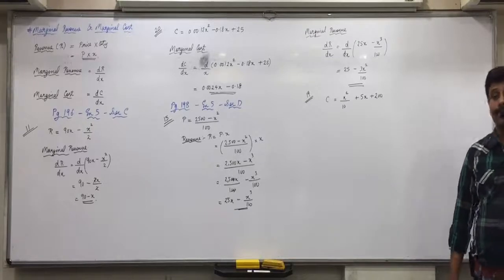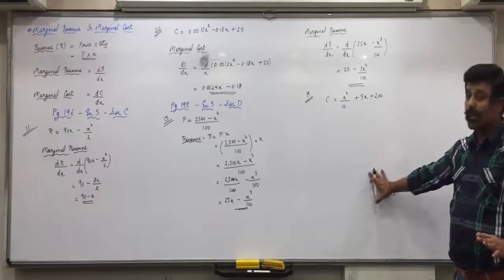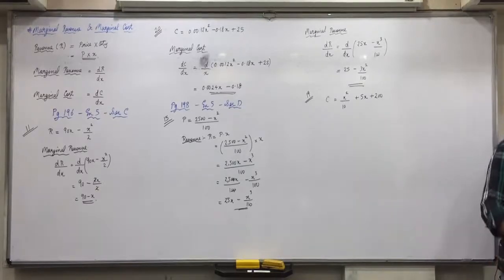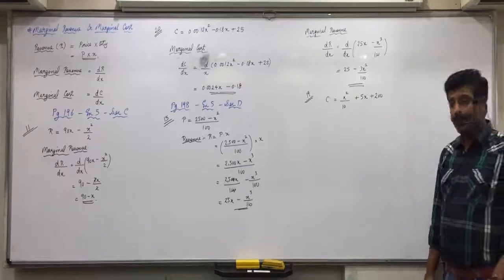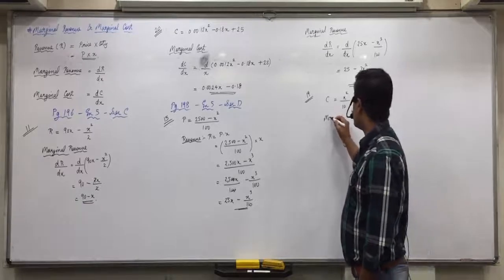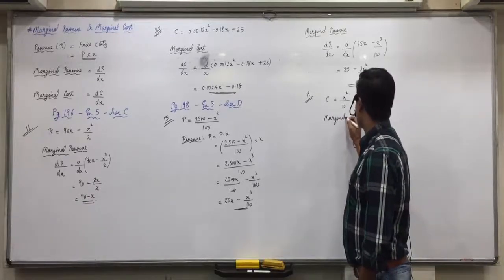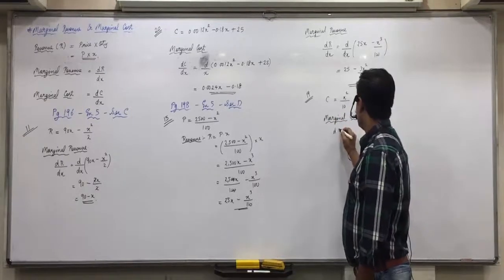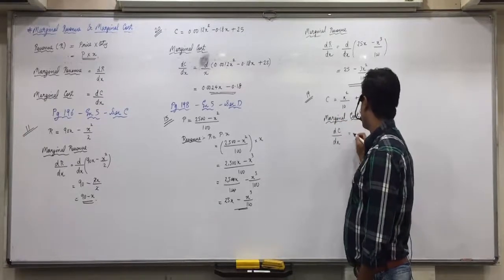Now that is asked. So after finding marginal cost, in x we will substitute 100 and then we'll interpret it as I already discussed. So first we'll find marginal cost, dc by dx.